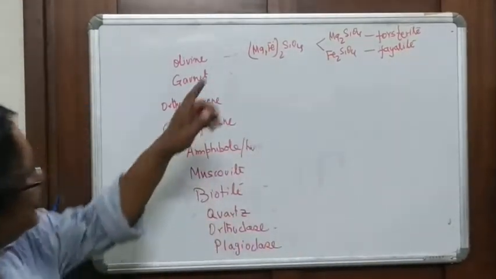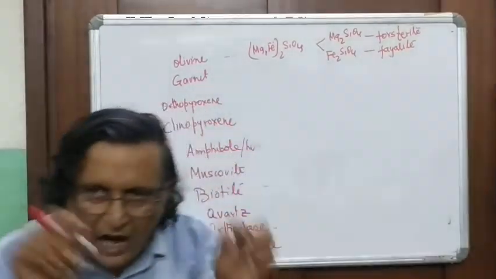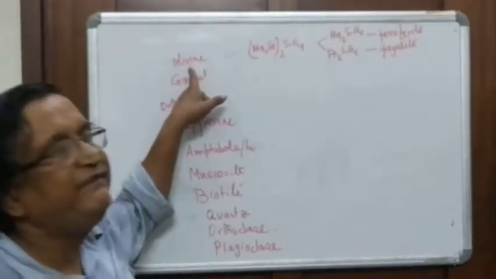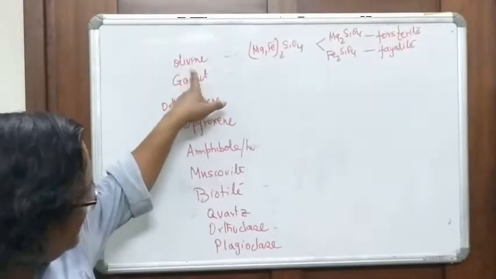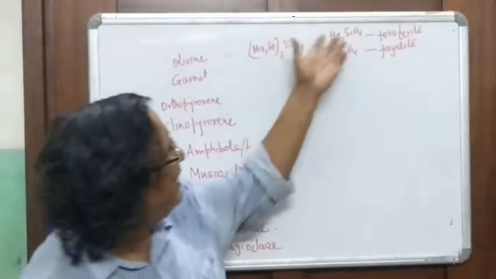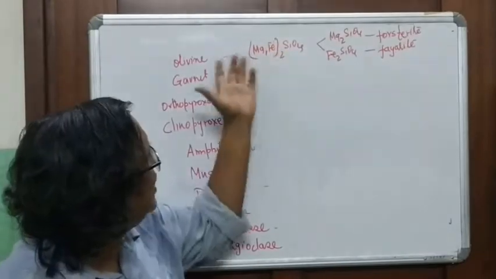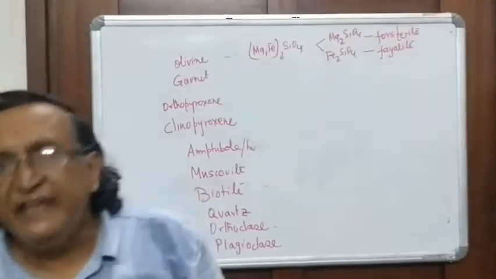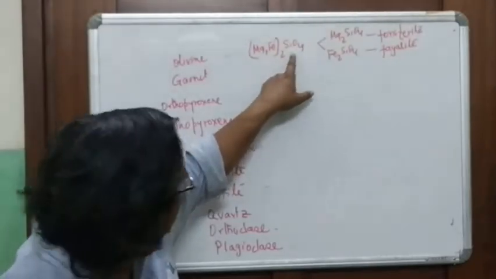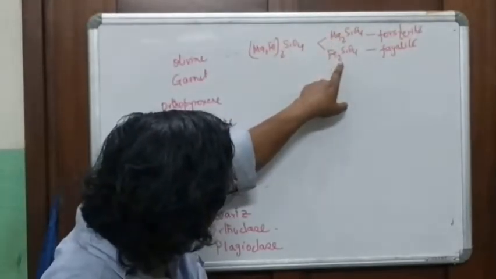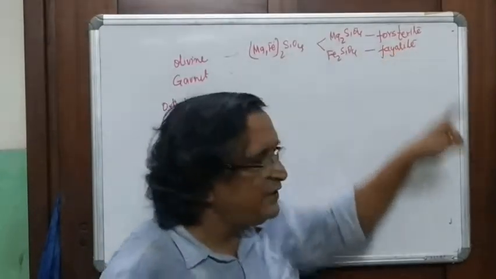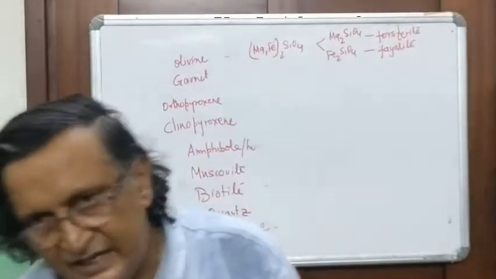So forsterite and fayalite are two components of the mineral olivine. You can mix them as a chemical compound and you can find the whole range of compositions of olivine. So olivine has (Mg,Fe)2SiO4. It has two components, Mg2SiO4, called forsterite, and Fe2SiO4, called fayalite.